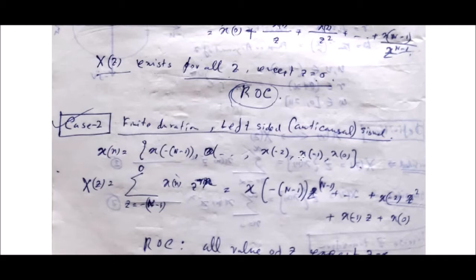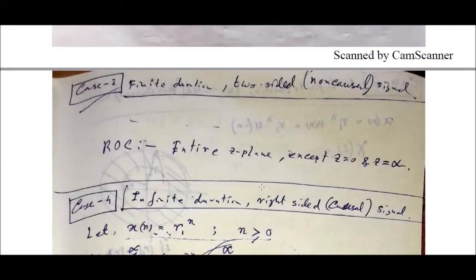So for the causal signal, the z equal to 0 point should be excluded from the ROC, and for the anti-causal signal, the z equal to infinity point should be excluded from the ROC. So for that case, your z transformation ROC will be the entire z plane except z equal to 0 and z equal to infinity. It should be remembered.